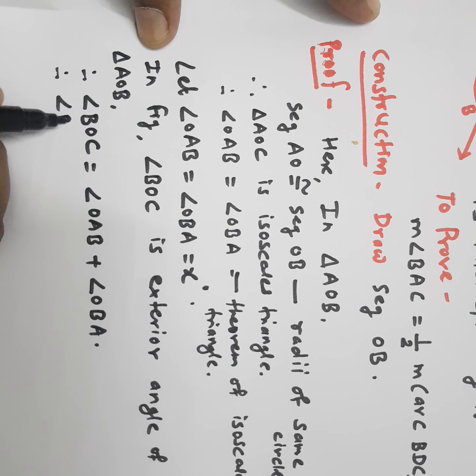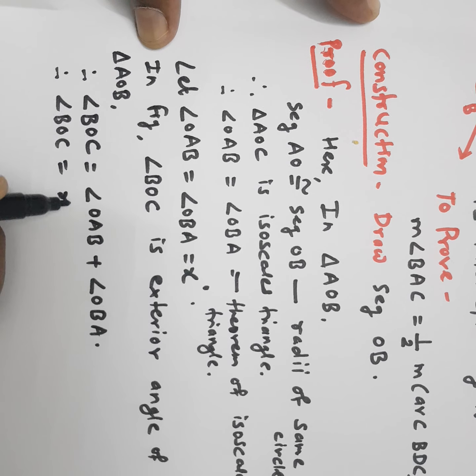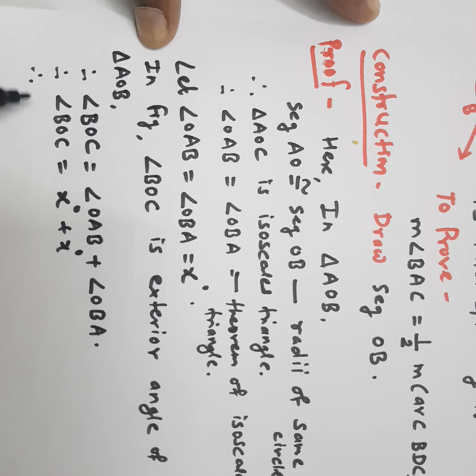Therefore, angle BOC is equal to x degree plus x degree. Therefore, angle BOC is equal to 2x degree. See here, this angle BOC will be 2x degree.